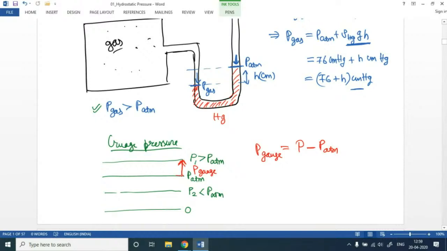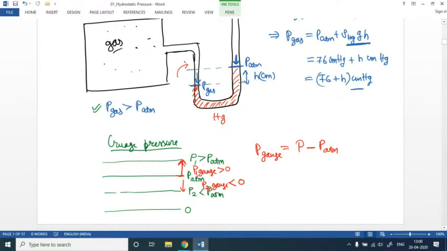In this situation, P1 gauge is positive, and we can have negative gauge pressure also, P2 gauge, that is negative over here. If the gas pressure is less than atmospheric pressure, then in this diagram of the manometer tube you will see that the length of the mercury column in the left limb will be greater, and in the right limb it will be smaller.